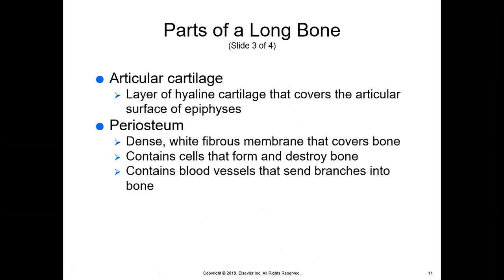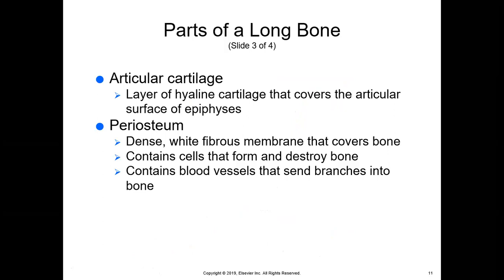So here we talk about the parts of the long bone. We have the articular cartilage that we just talked about, a layer of hyaline cartilage. Then we have the periosteum, a dense fibrous material that covers the bone. It contains cells that form and destroy bone, and contains blood vessels that send branches into the bone.